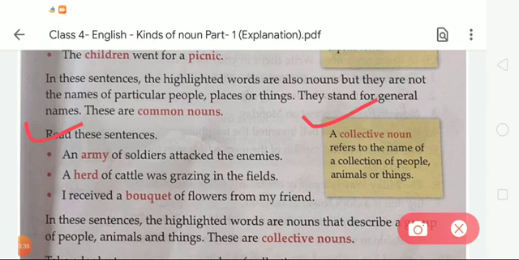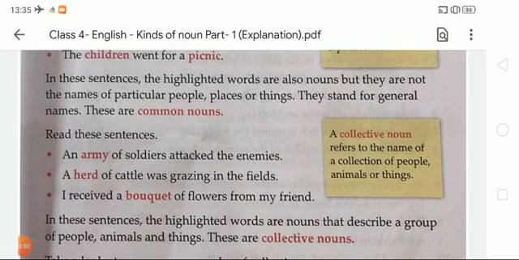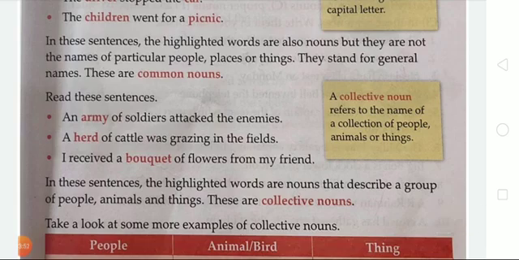An army of soldiers attacked the enemies. A herd of cattle was grazing in the fields. I received a bouquet of flowers from my friend. In these sentences, the highlighted words are nouns that describe a group of people, animals and things. These are collective nouns.